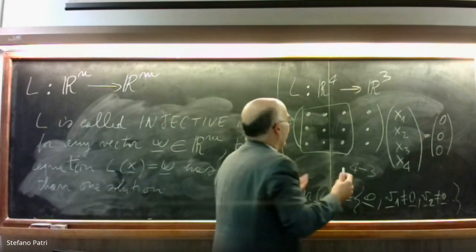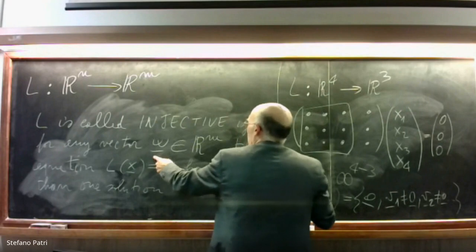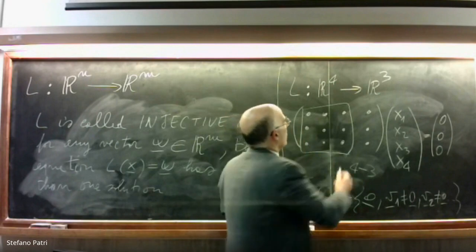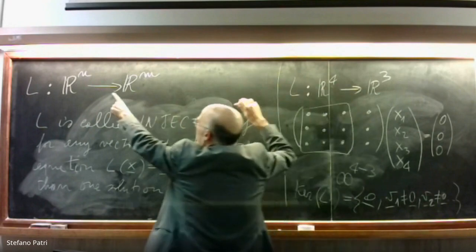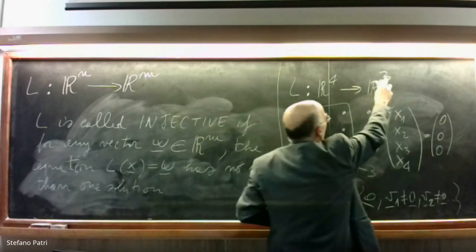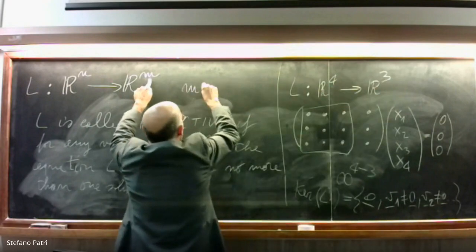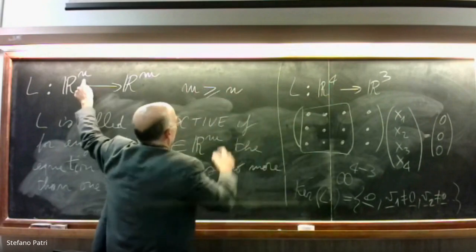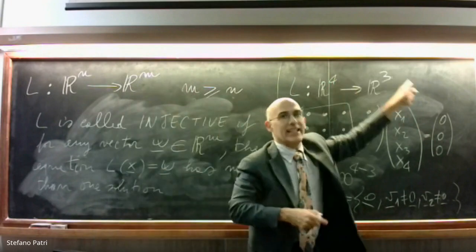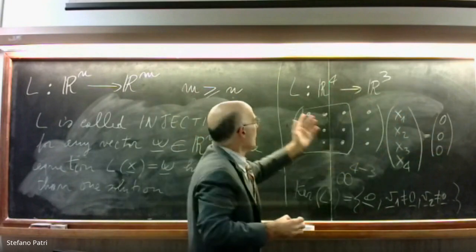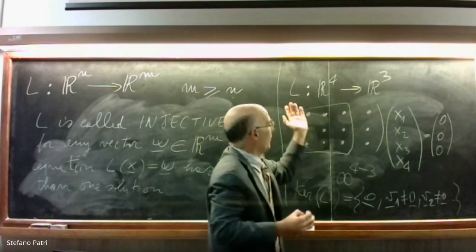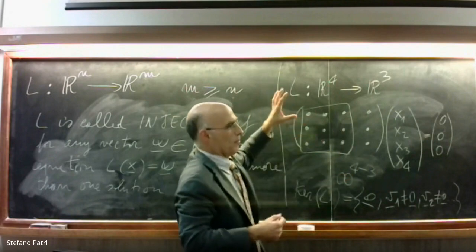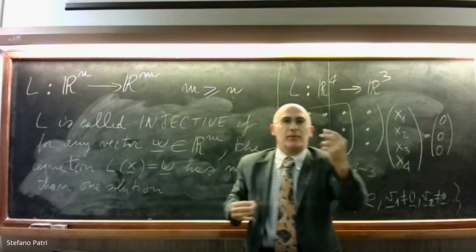And then we can say that for a linear application to be injective, the second dimension m must be greater than or equal to n. If the first dimension is greater than the second dimension, we always have a matrix having the highest possible rank less than the number of unknowns.